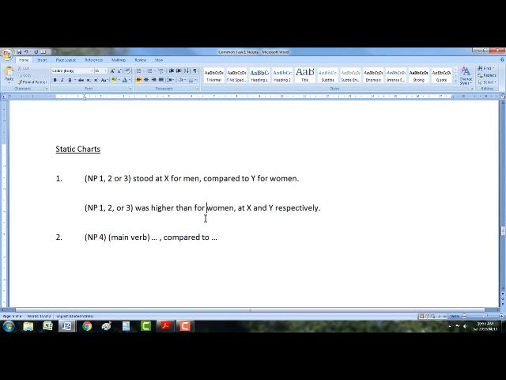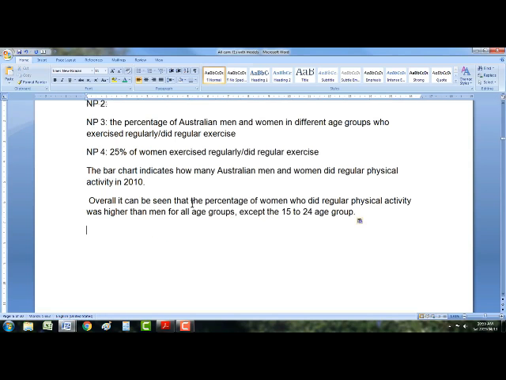It's a little bit different to this. It's because it's for the overview, but we're going to still use this sort of thing. This is still the main verb, but a little bit different to this because we're saying for all categories, so we're not going to say specific numbers in the overview. Let me show you. There we go, noun phrase 3. I just used noun phrase 3 over there.